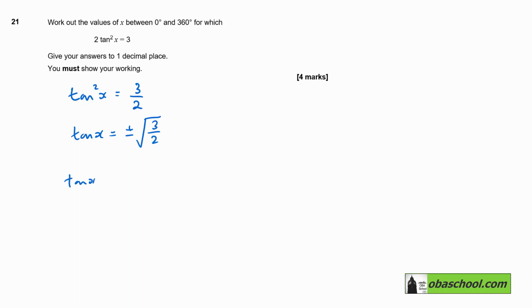So tan x could be equal to the square root of 3 on 2, or tan x is equal to the negative of the square root of 3 on 2. Let's find the principal value for each of these.